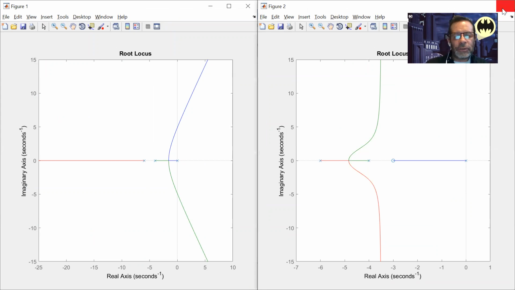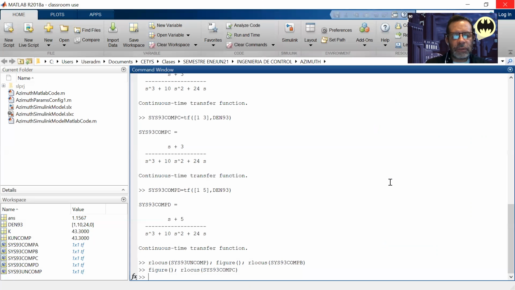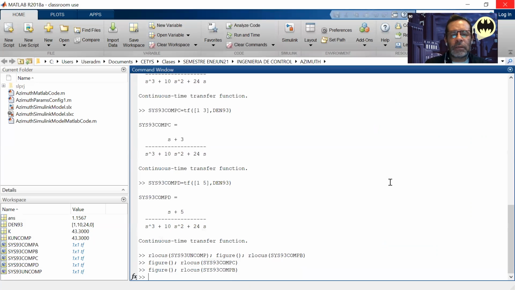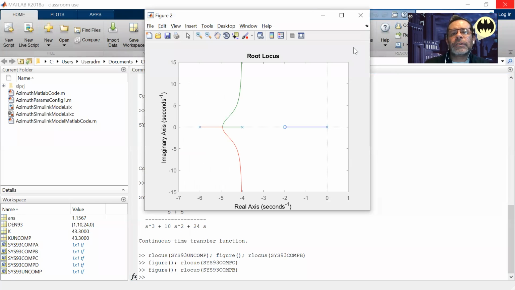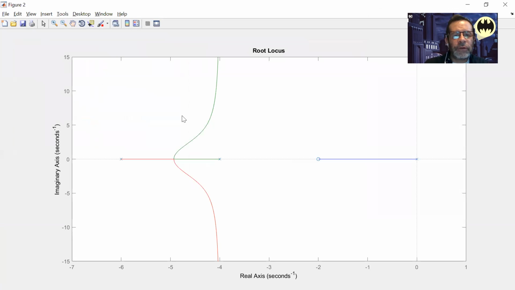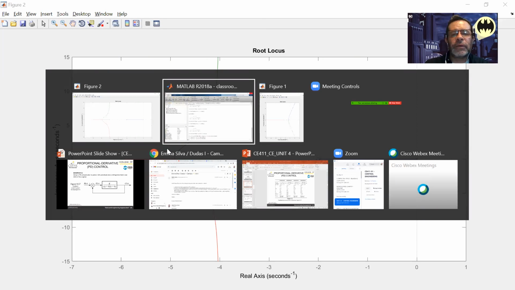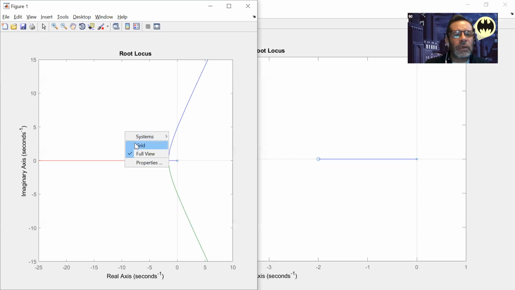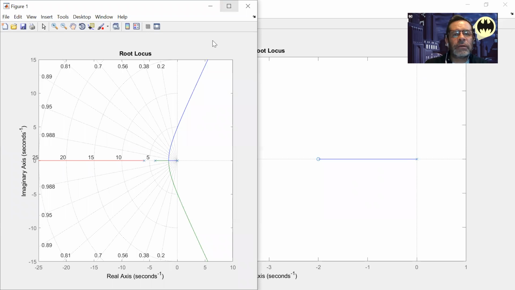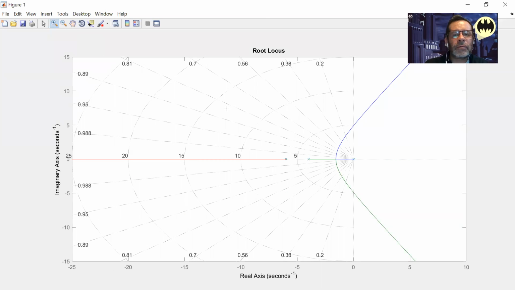Oh, something that we didn't do. I forgot to do this. For comp B, which is this one, let's look for the approximate value of K. In this one, we had the grid lines here. Let's use the grid lines to help us out, and let's look at this part here.